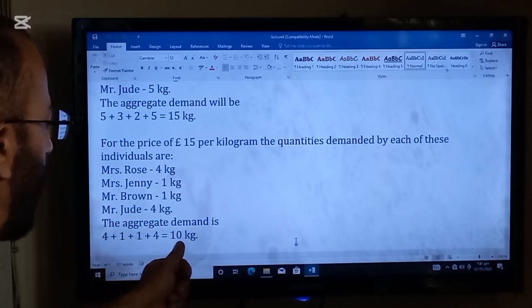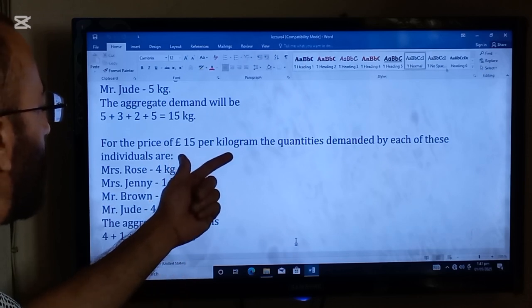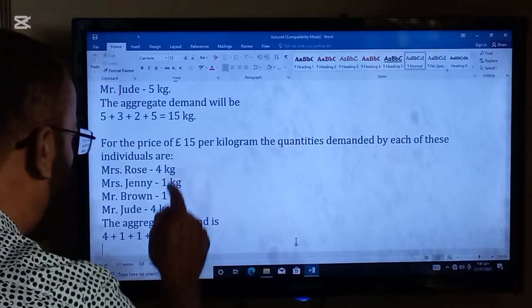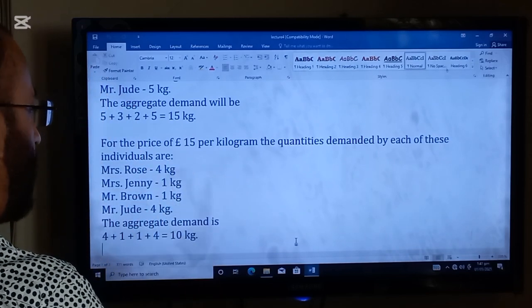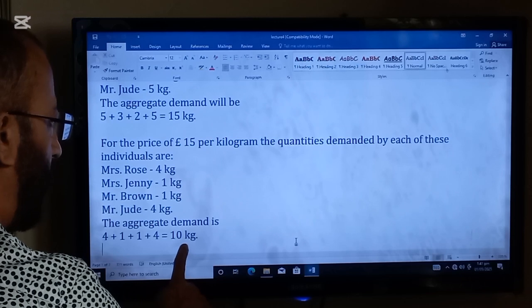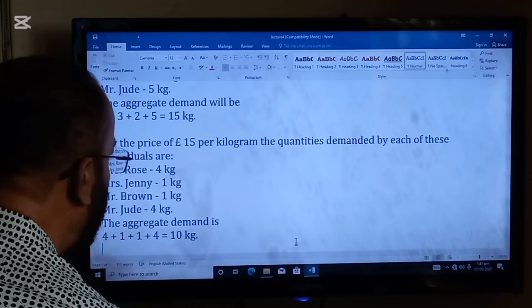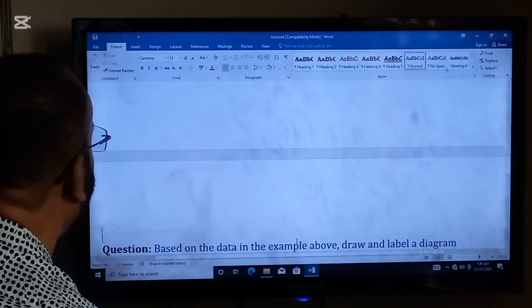So 10 kg is the aggregate or the market demand of the strawberries when the price is £15 per kg. So these are individual demands when the price is £15 per kg, and this, that is 10 kg, is the aggregate demand when the price of the strawberries is £15 per kg.